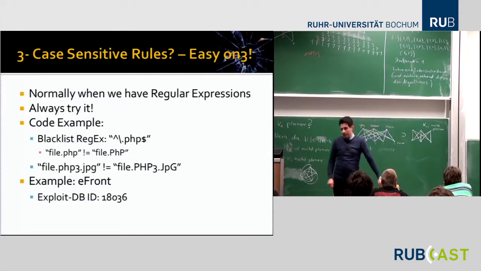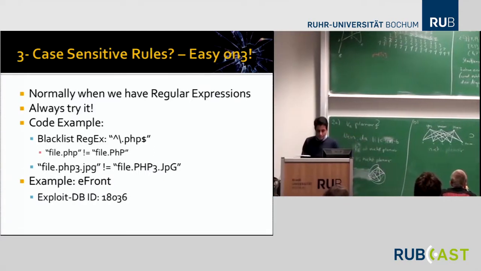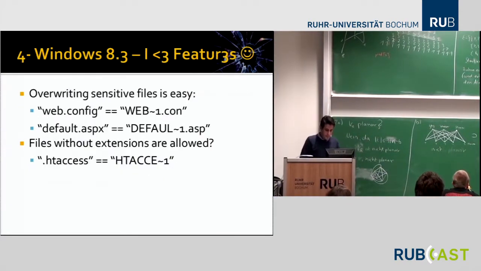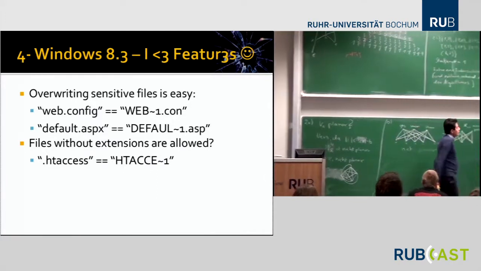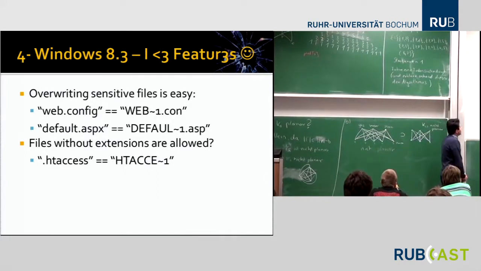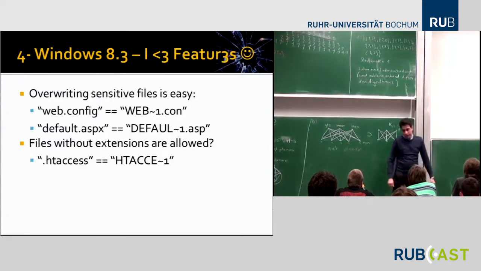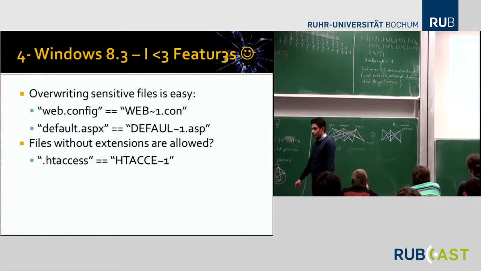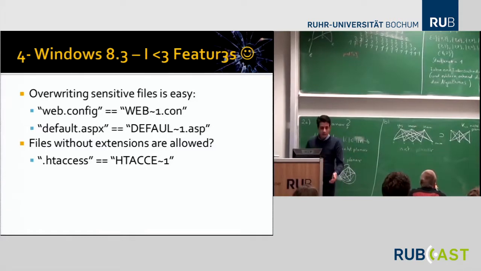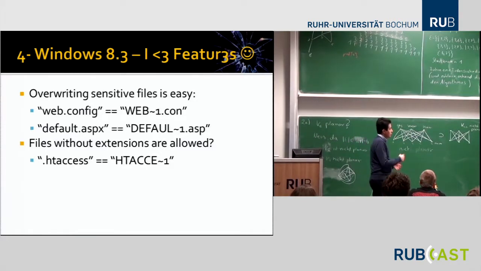An example is that eFront application in ExploitDB. Windows 8.3 naming convention. You can overwrite sensitive files in Windows. So for example, web.config is equal to web~1.con, which shouldn't be like that, and admins should remove that naming convention from servers nowadays.